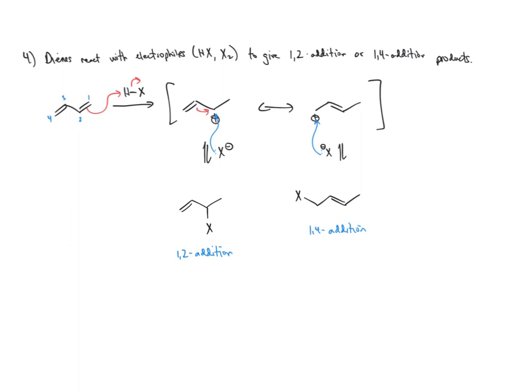Now, how can you control whether you get the 1,2 or 1,4 addition products? The 1,2 addition product is a kinetically controlled product. It forms the fastest, and so you want to do this under cold temperatures. Cold temperatures, short reaction times.